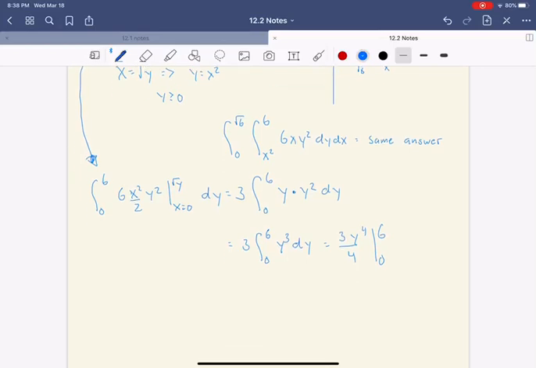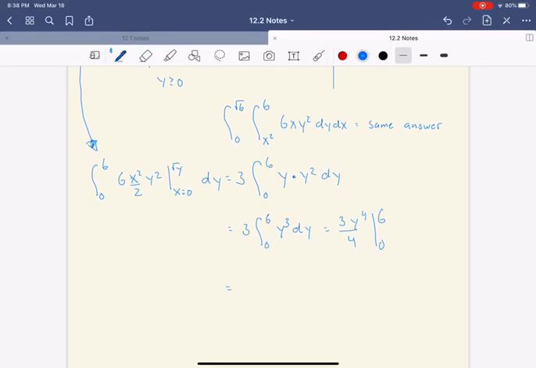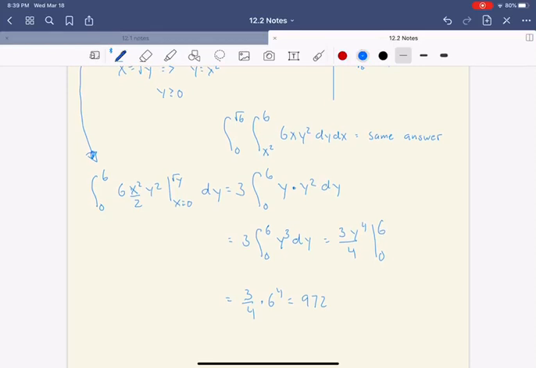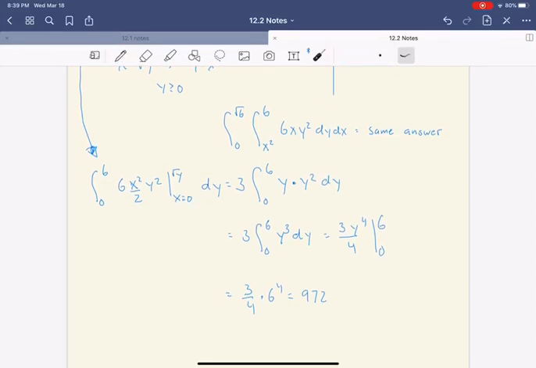Okay, let's go ahead and plug those numbers in. 3/4 times 6 to the 4th equals, I need to get my calculator out. 972. Okay, so if you go ahead and you do this integral, you should also get 972.